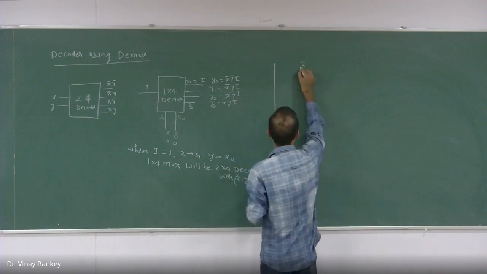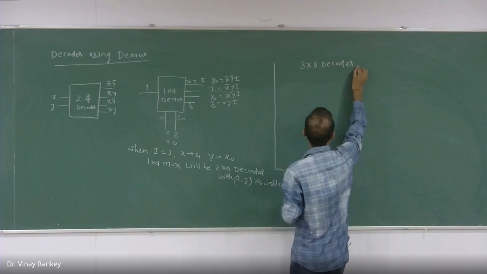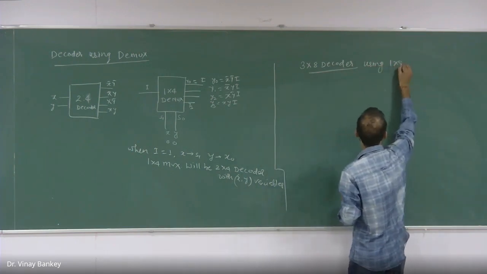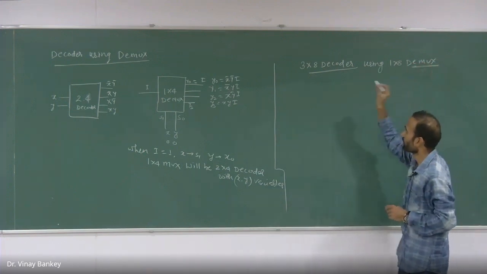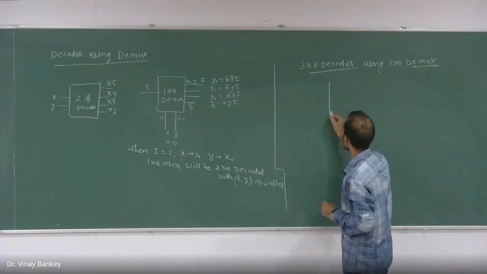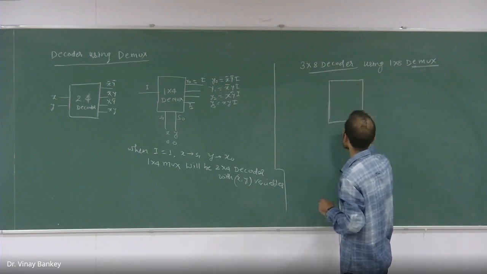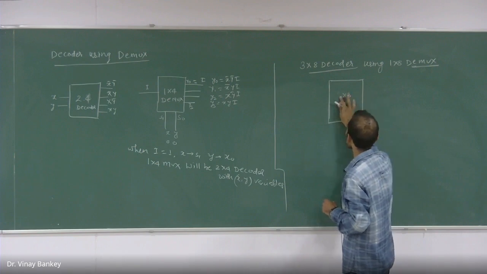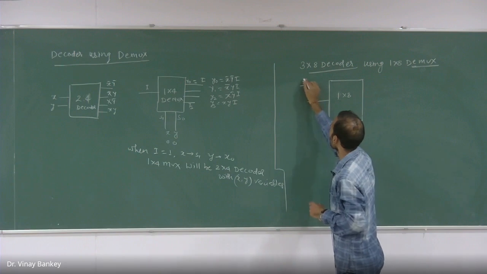Now I want a 3x8 decoder using a 1x8 De-Mux or demultiplexer. So what you will do? There is no rocket science in realizing a 3x8 decoder using a 1x8 demultiplexer. You have one input, and this should be connected to 5 volt.